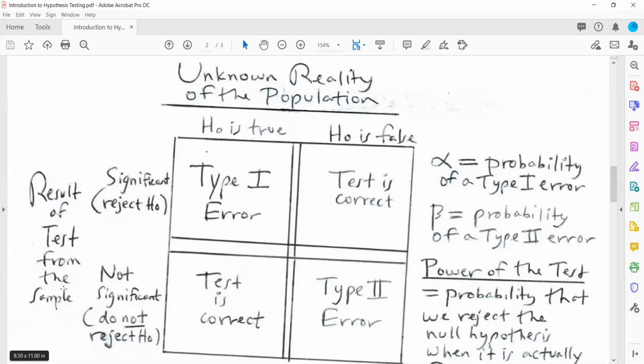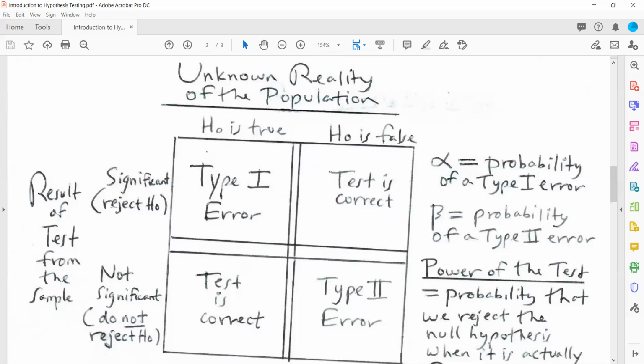Based on the sample data, you will either reject the null hypothesis because there's enough evidence, in other words, the alternative hypothesis is significant, or we do not reject the null hypothesis due to a lack of statistical evidence, in other words, the alternative hypothesis is not significant. One of these two will be the determination of the statistical test.